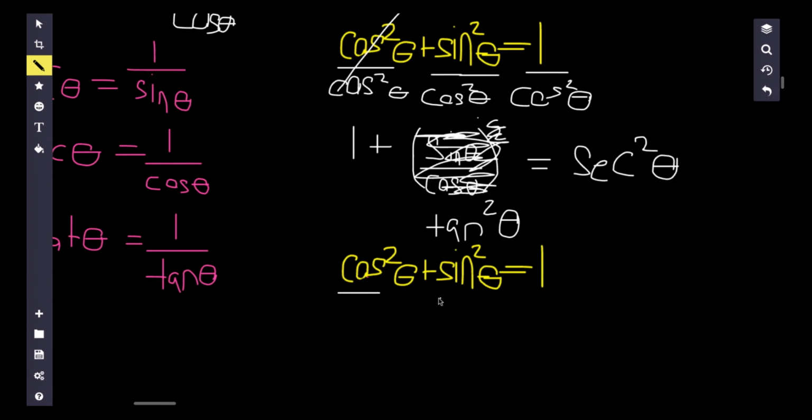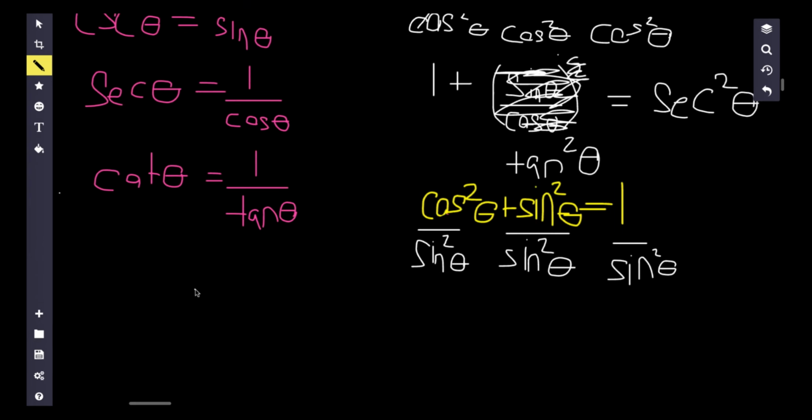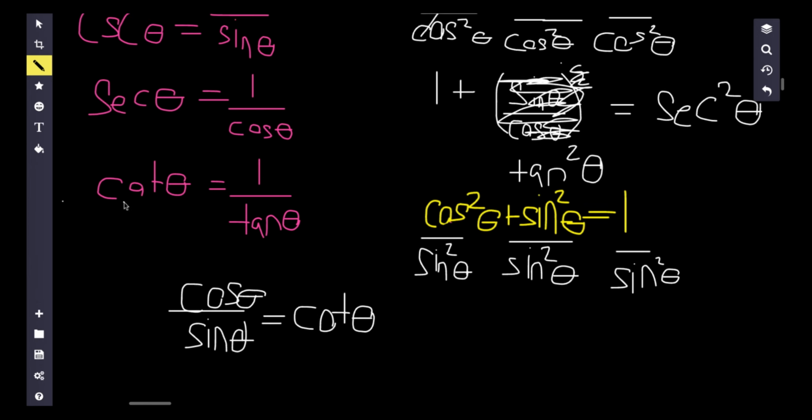Now, the second thing I'm going to do is divide the whole equation by sine squared theta. Now, if I know that tangent is equal to sine over cosine, well, that means that cosine over sine of theta is going to be equal to cotangent of theta. Because think about it, we're talking about reciprocal trig functions.